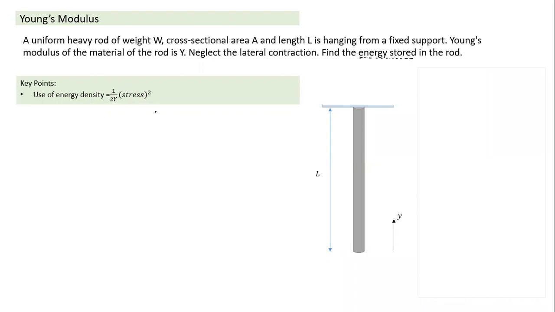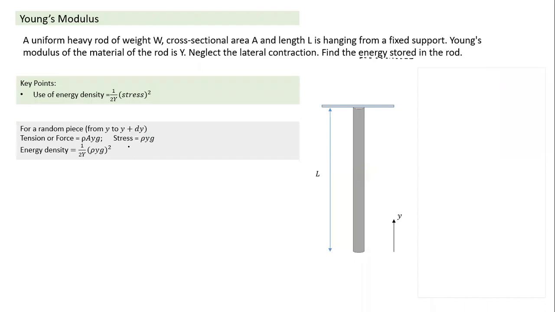And since stress is varying, I will take a small element for which stress is constant. So again, a random piece, y to y plus dy. We'll calculate the energy stored in this piece alone. For the tension here, we know what the stress is. What will be the tension here?